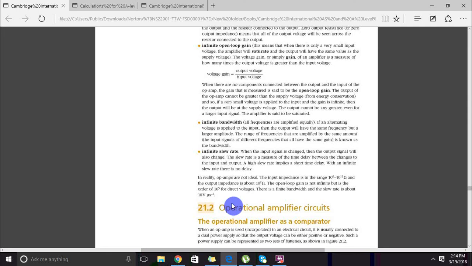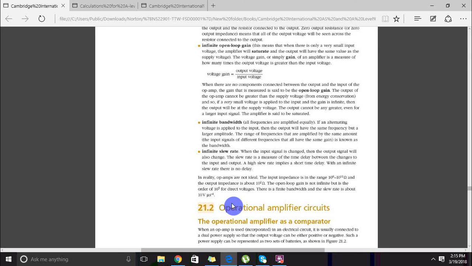So now, infinite slew rate. Is that like the rate at which you're slaying monsters or something? It's not. It means the delay or lack thereof. Basically, if you have an infinite slew rate, there isn't any delay. But if you don't have an infinite slew rate, there's going to be a delay. And the smaller the value of the slew rate, the greater the delay.